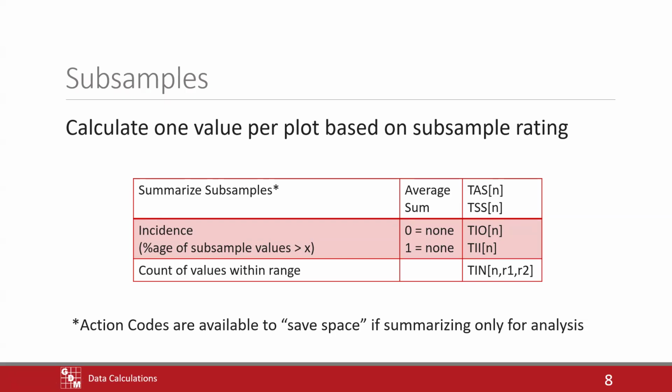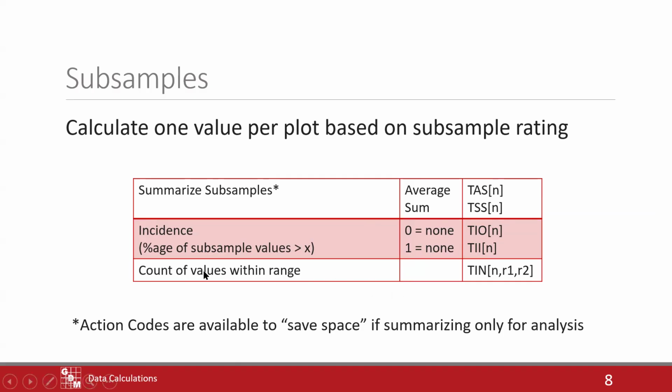If you're doing a rating scale, which we'll get to a little later, we've got more calculations with rating scales, but something like a rating scale where 1 is the lowest, which means there was no, whatever you're looking at, no damage or something, then 1 would be your nothing. And so you would use TII for calculating incidence from that.